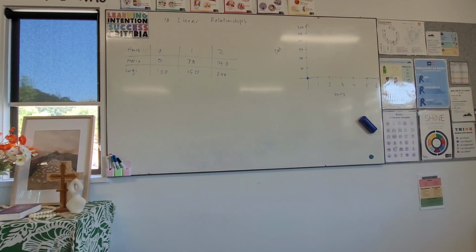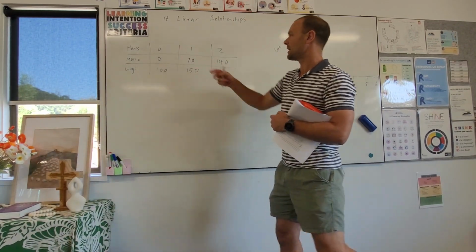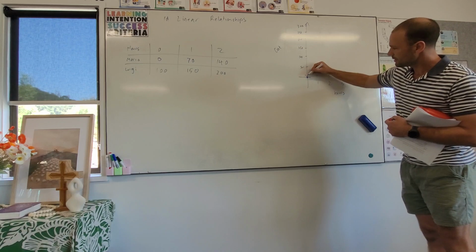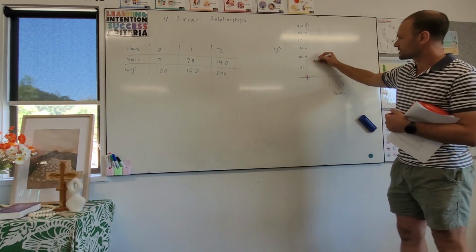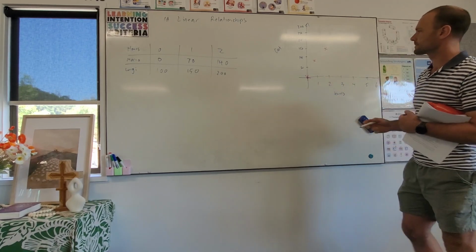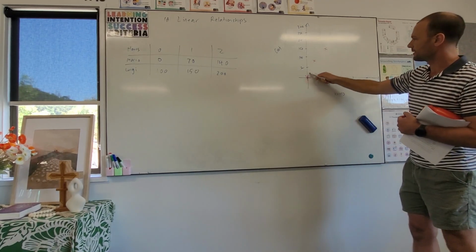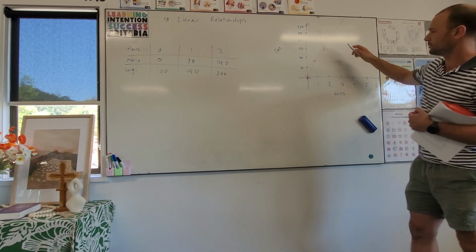So, we'll plot the points for Mario. He's got 0, 0. That's the first point that he passes through. When time is 0, his cost is 0. For 1 hour, he charges $70. And for 2 hours, he's $140. So the path that Mario takes is going to look something like that. All right, hopefully it looks a bit better for you.